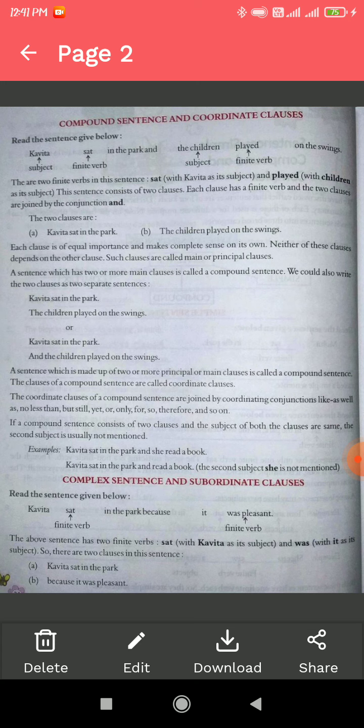Kavita is the subject, but after "and" we use the subject again. Since there are two clauses, we do not need to mention the subject. So in the second, you can see: Kavita sat in the park and read a book. The subject is missing because both clauses have the same subject, and if the subjects are the same, we do not need to mention the subject again.